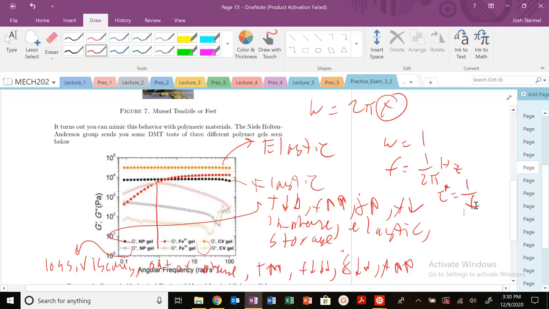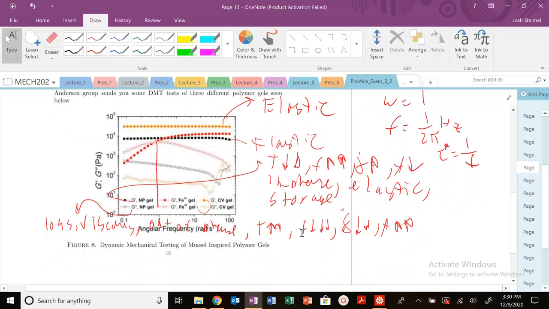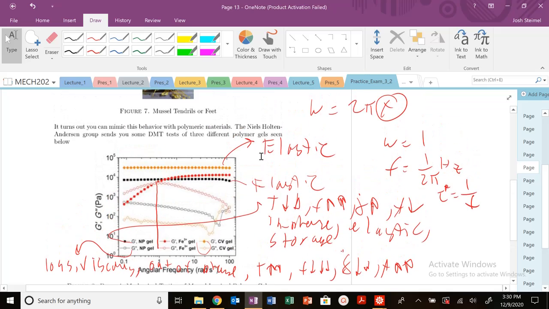So for all these frequencies, the black gel and the gold gel are going to behave like an elastic solid. You can look at these frequencies, and all of these times, if you take the inverse, they'll behave like an elastic solid.